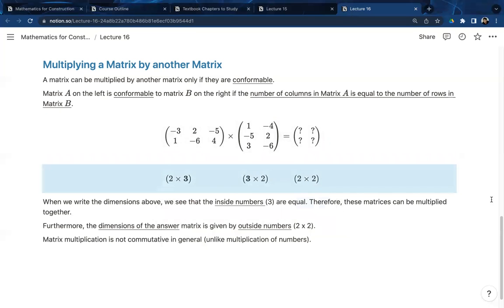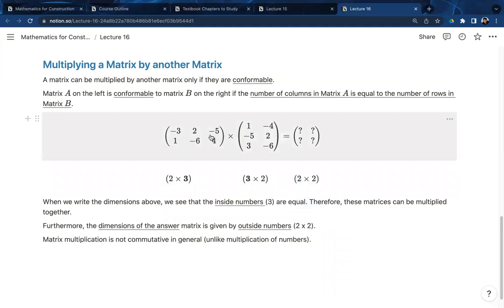This matrix on the left here is 2 rows by 3 columns, so it's 2 by 3. Notice the 3 in bold. And this matrix here is a 3 by 2. 3 is in bold, right? So the number of columns in A, which is the 3, is equal to the number of rows in the second one, which is 3 as well.